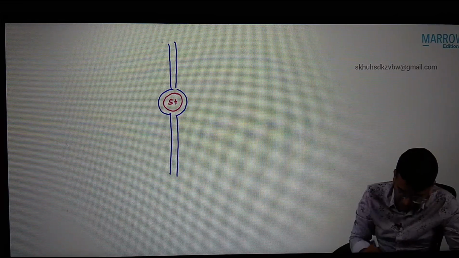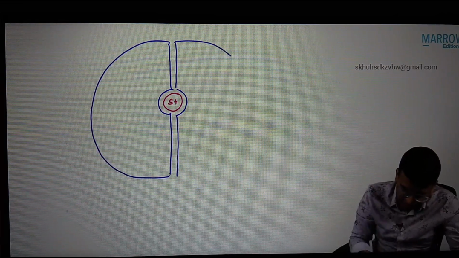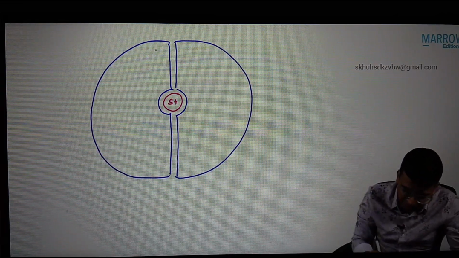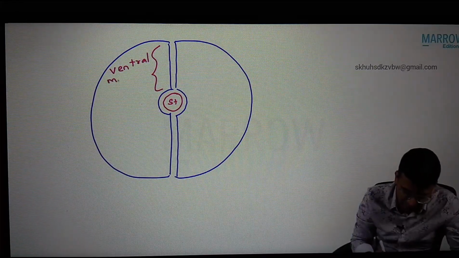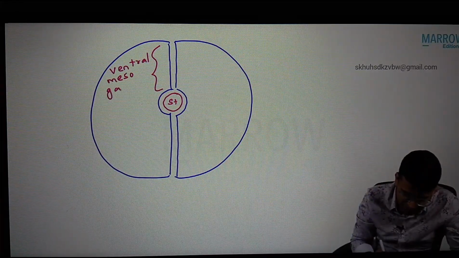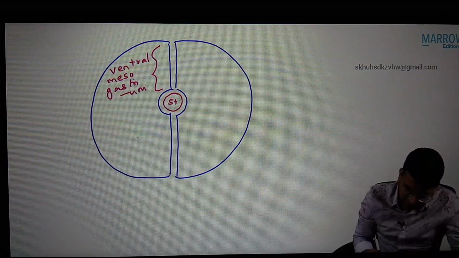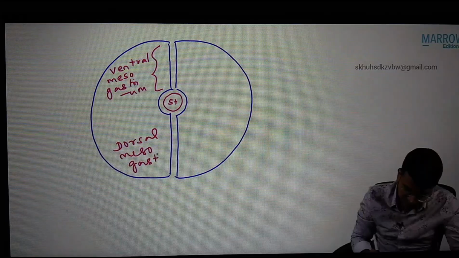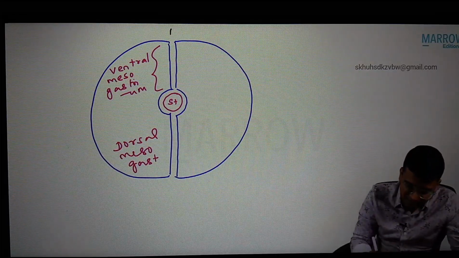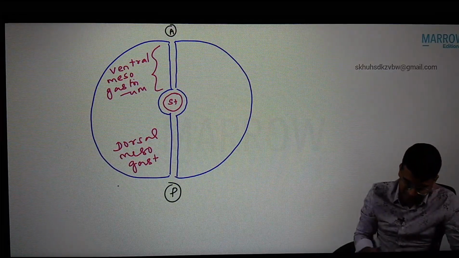This is the cut section. This is our ventral mesogastrium, and this is our dorsal mesogastrium. This is the front side, anterior, and this is the back side.